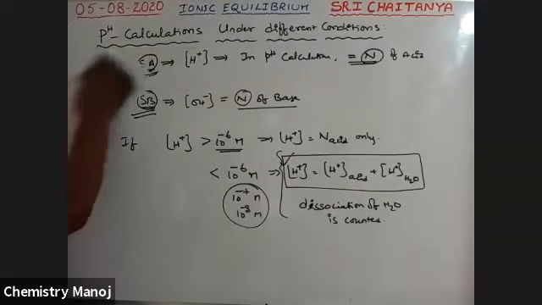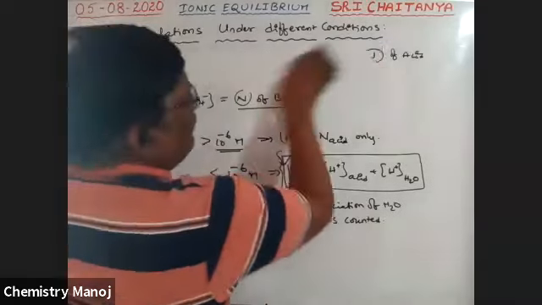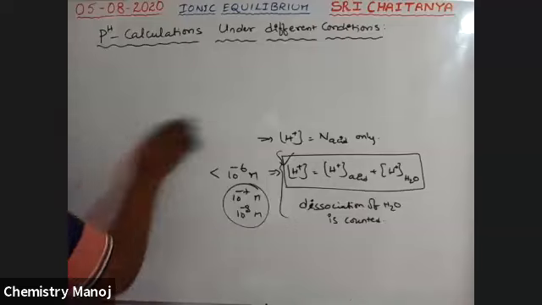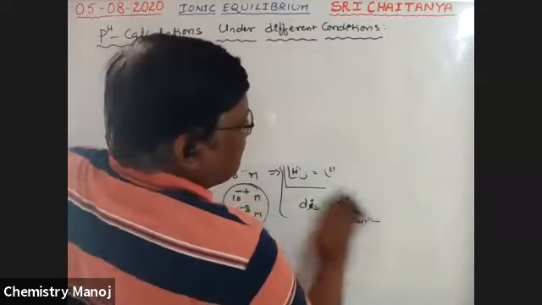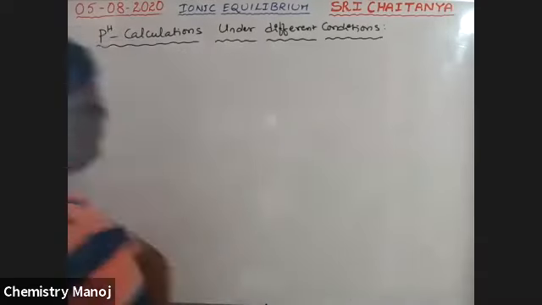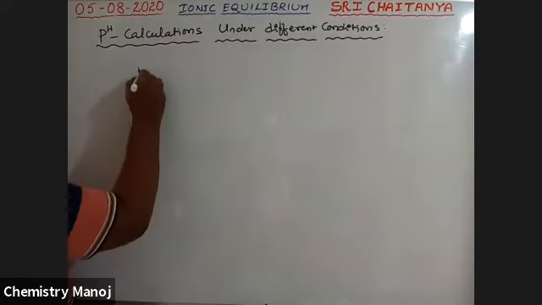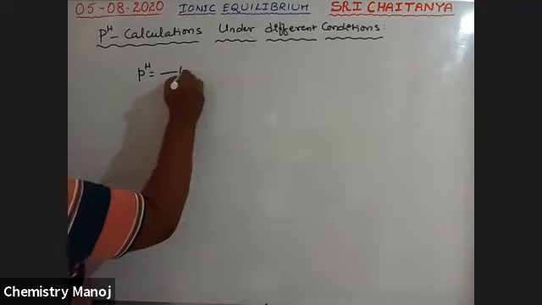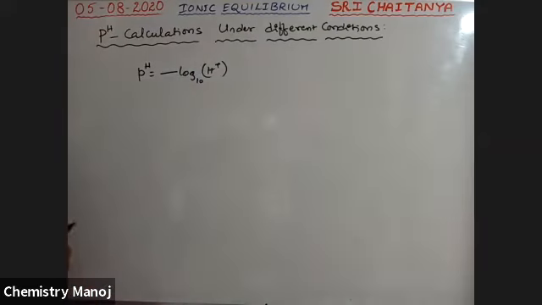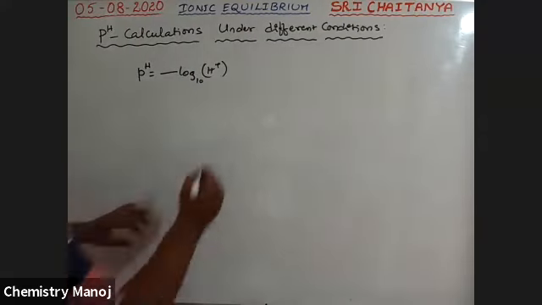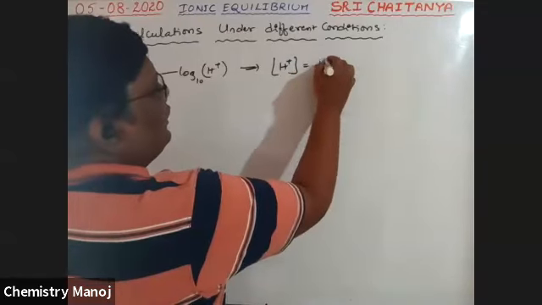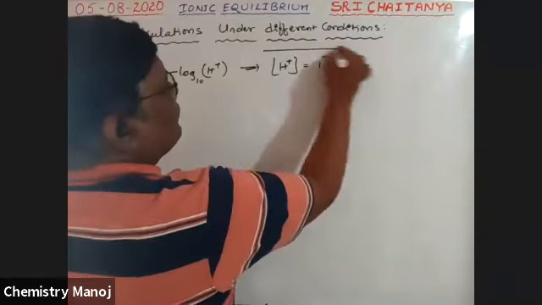See here. Next, pH is equal to minus log H plus concentration to the base 10.